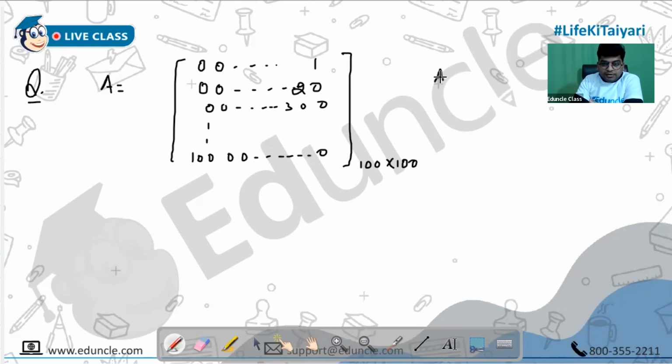This matrix, what is the determinant of this matrix? One is saying 100 factorial. One is saying 50-50. 100 factorial.